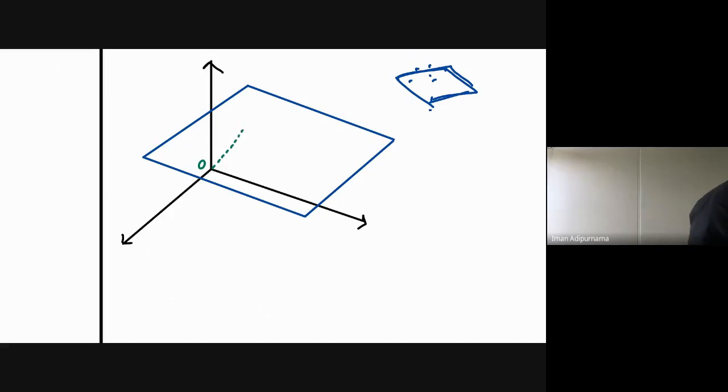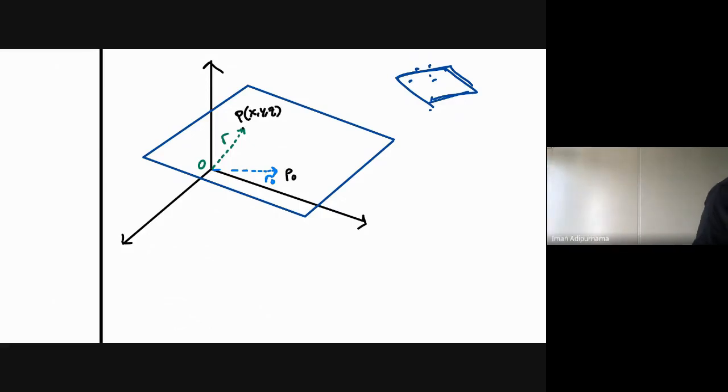So let's say this is our R, and maybe R0 is here, and this is P. So our R and R0 are touching the plane, okay? The vectors touch the plane. So let's make P and P0.